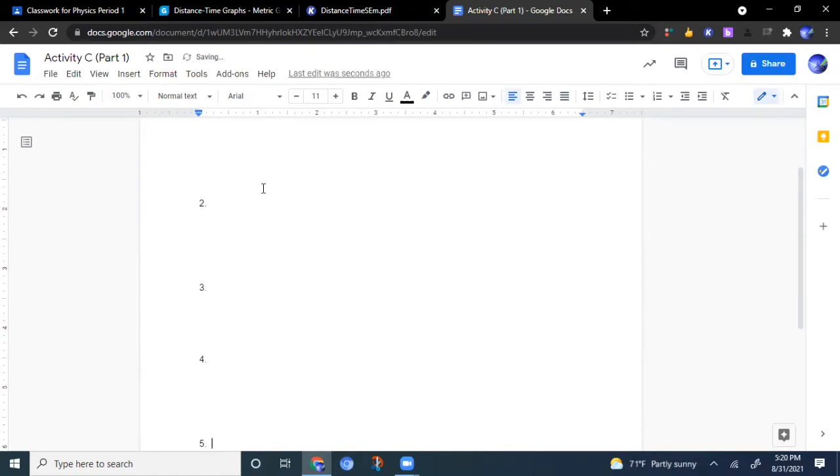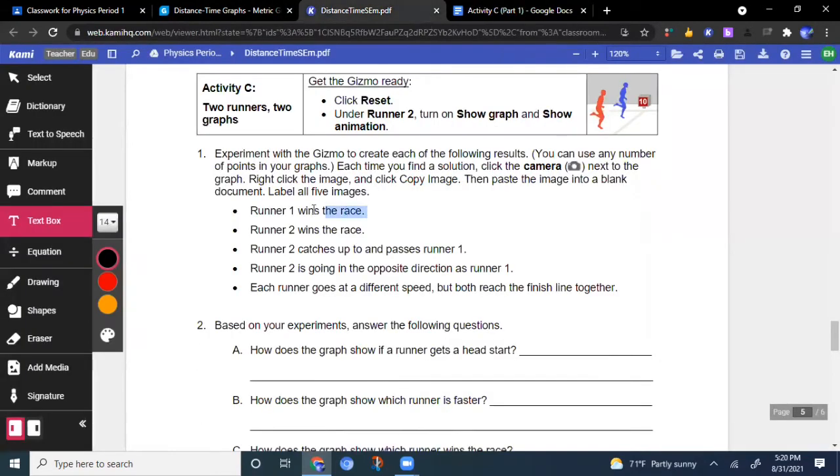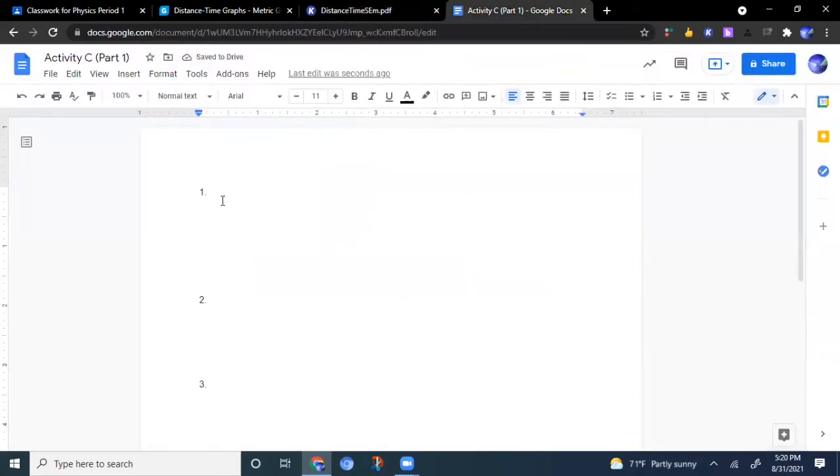And what I'm going to do is copy and paste the descriptions next to each one of these. So my first one, I want a picture of where runner 1 wins the race.